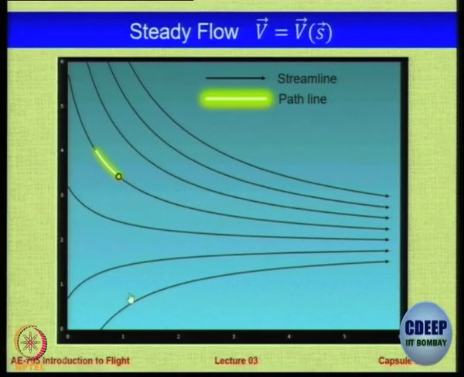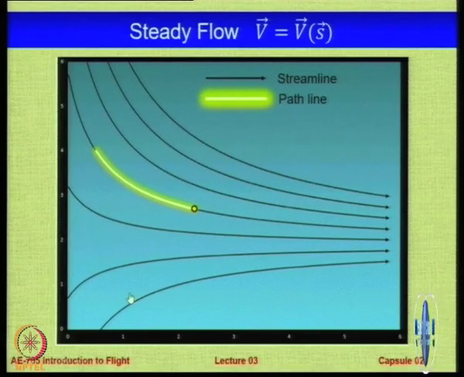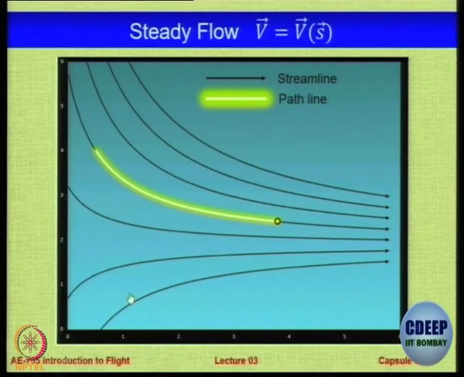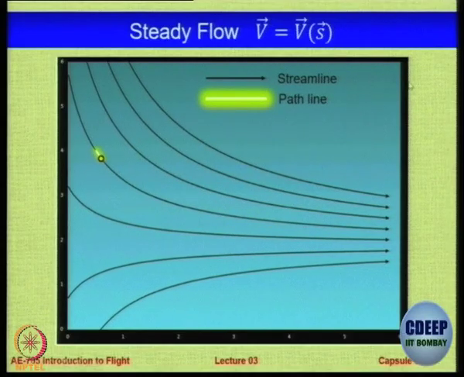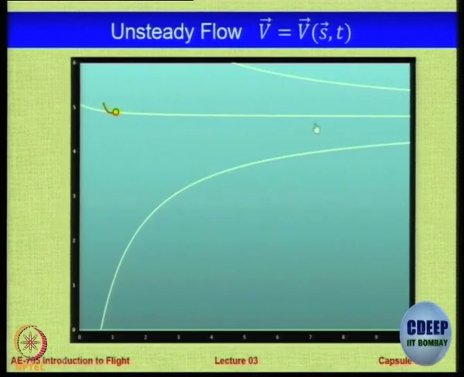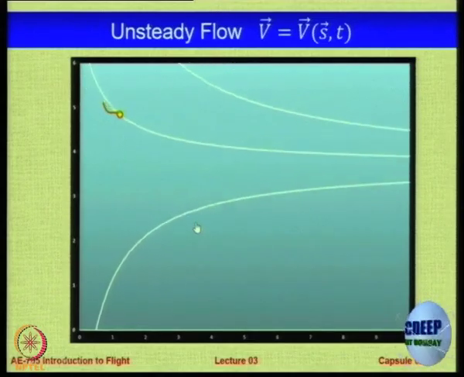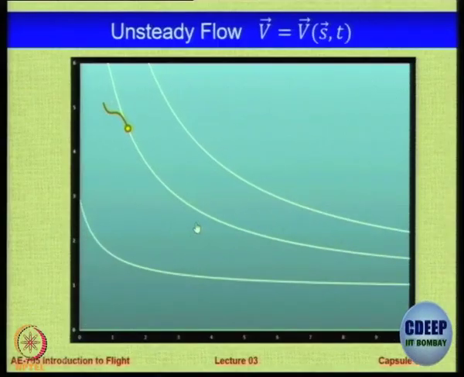So you can see that because the flow is steady, the path line and the streamline are identical, because velocity v is a function only of the location and not the time. Okay, let's look at unsteady flow. Here the streamlines are changing with time.